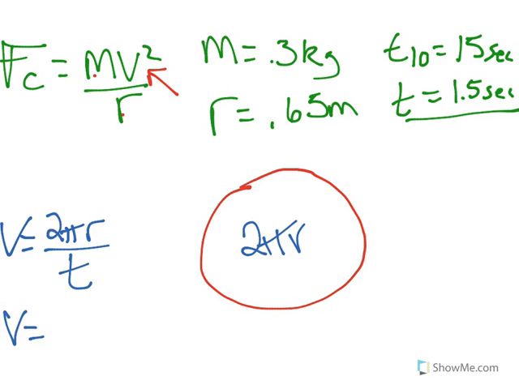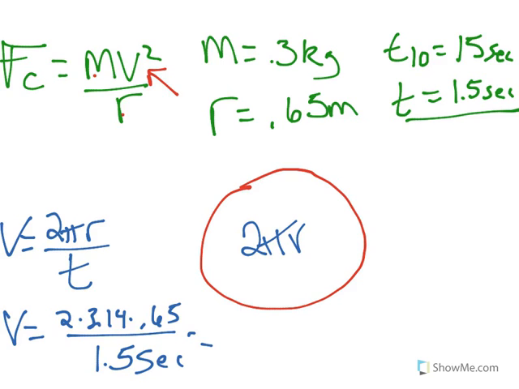So v is equal to 2 times 3.14 times 0.65, divided by 1.5 seconds. If we do that, we get 2.7 meters per second. This is the velocity that our helicopter is going round and around.